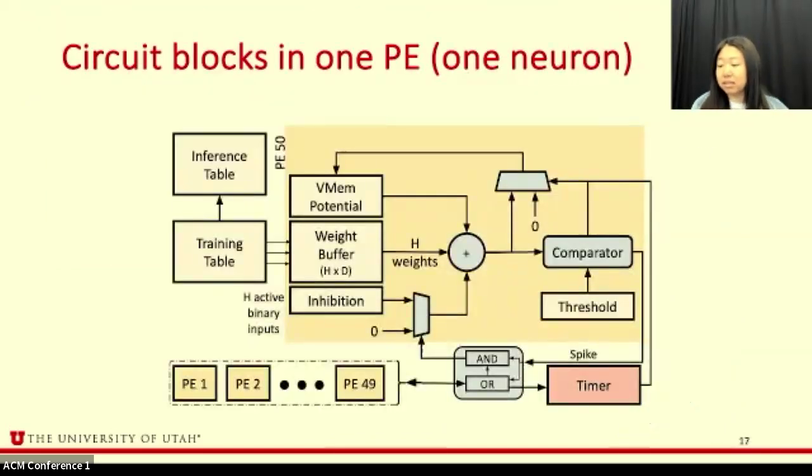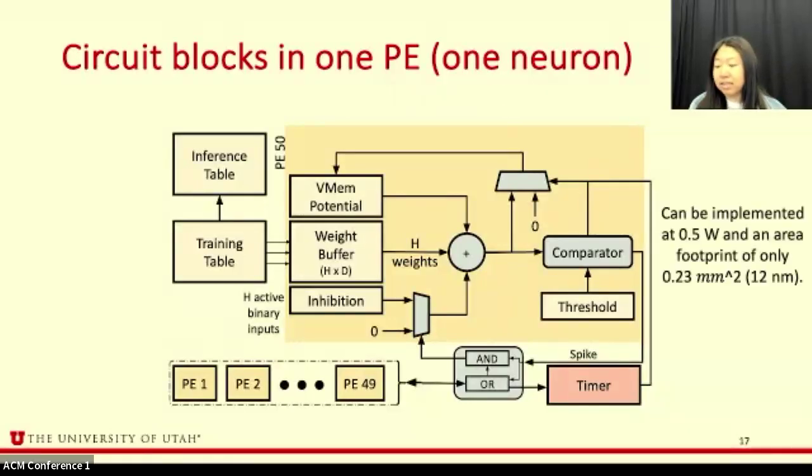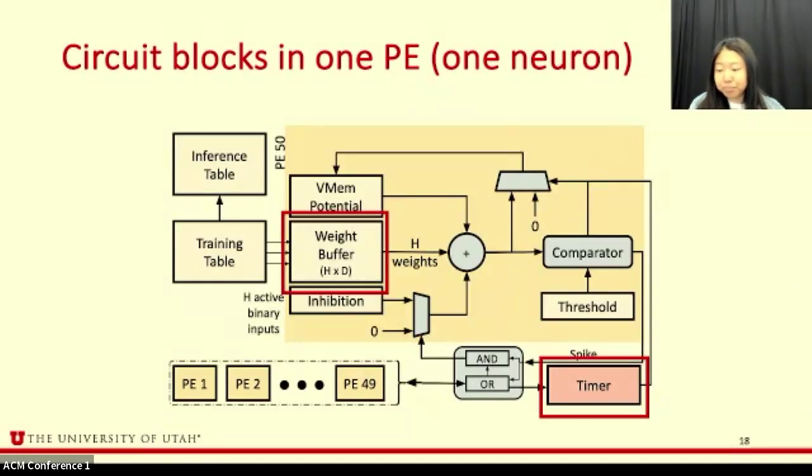We have synthesized the circuit and shown that it can be implemented at 0.5 watt with an area footprint of 0.23 square millimeters in 12 nanometer technology. The high memory consumption part and time consuming part is the weight buffer that stores the weights for the corresponding neurons, and the timer part that controls the spike train.